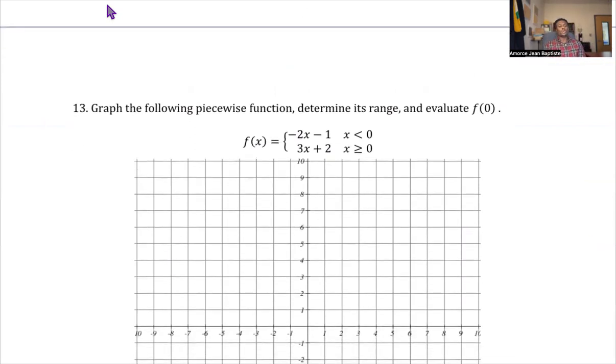Next, we will try to sketch a graph of functions that are given piecewise. Piecewise functions are functions that are defined in different parts of the set of real numbers.